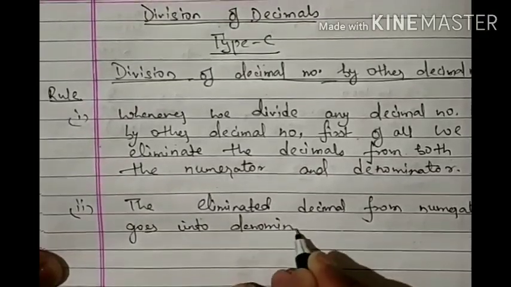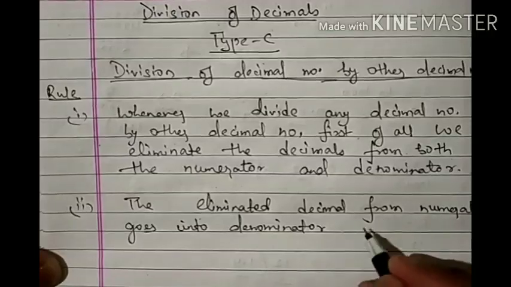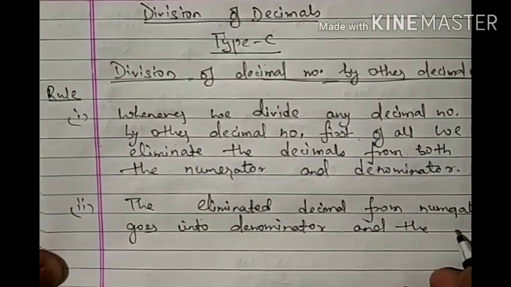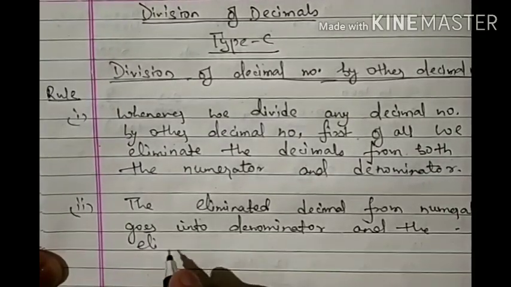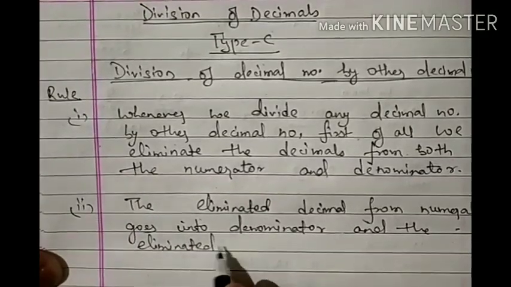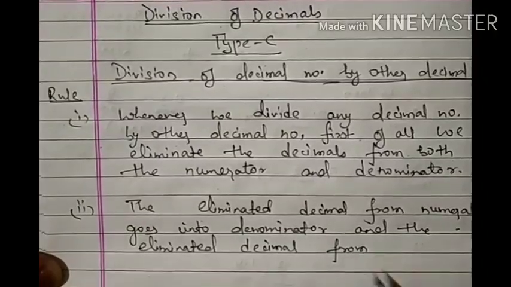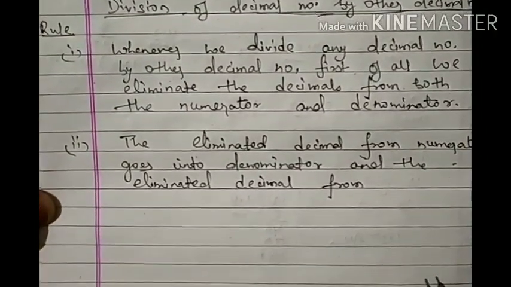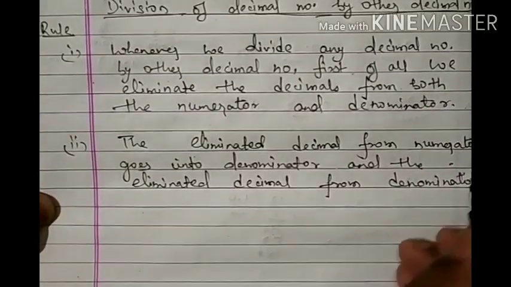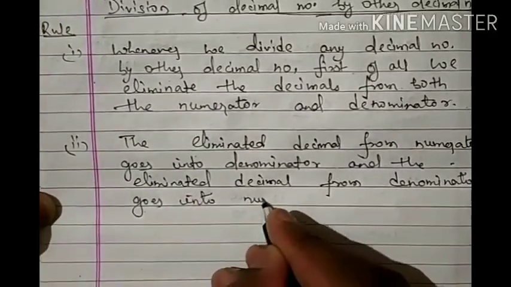As I said, the eliminated decimal from numerator goes into denominator, and eliminate means to remove, and the eliminated decimal from denominator goes into numerator.